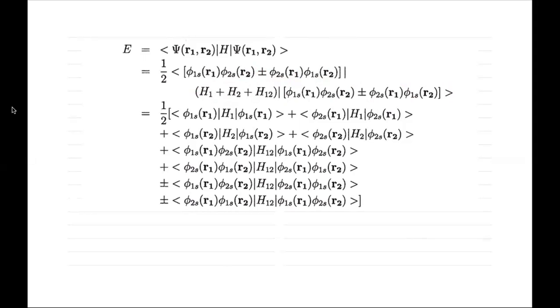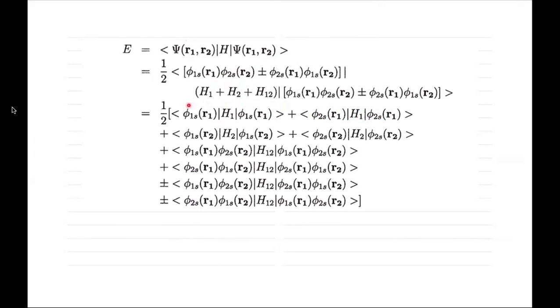So the first term, we have electron 1 in the 1s orbital times H1 times electron 1 in the 1s orbital. And the electron 2 term doesn't contribute here because H1 is only operating on electron 1. And then we have a term with electron 1 in the 2s orbital times H1 times electron 1 in the 2s orbital.